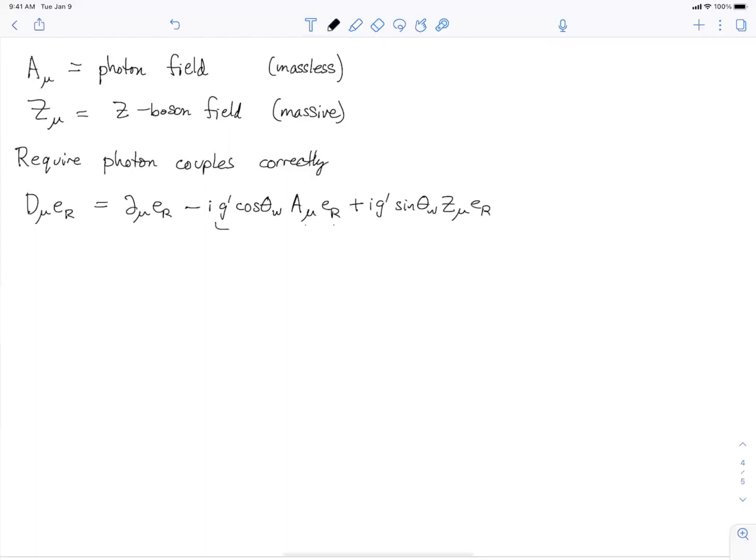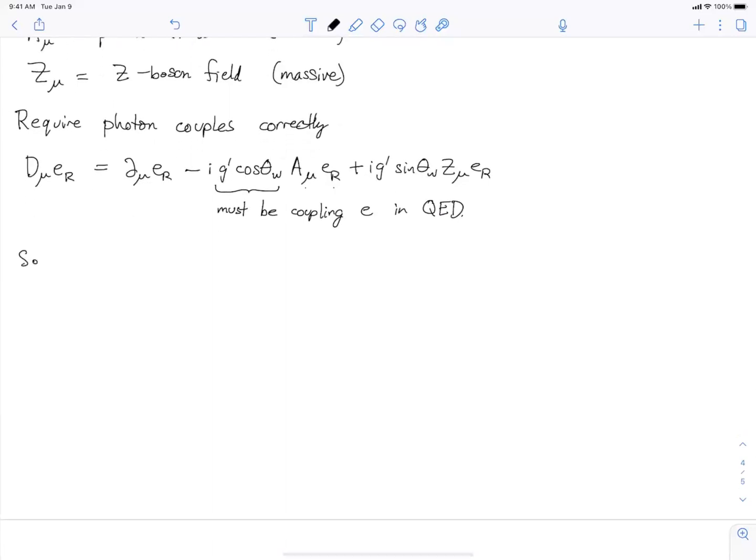And so this g prime cosine theta must be what we called in QED the coupling e. Otherwise, QED wouldn't work, and QED is a very, very well-tested theory. Okay, so what we know is that g prime times cosine theta W must be equal to e.